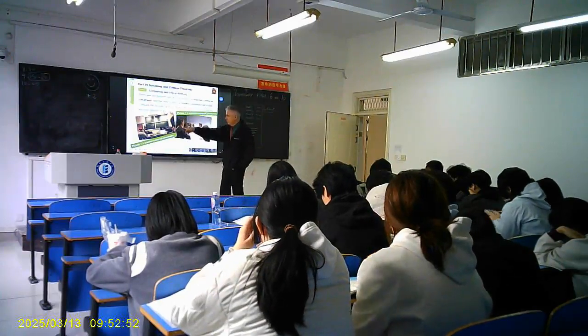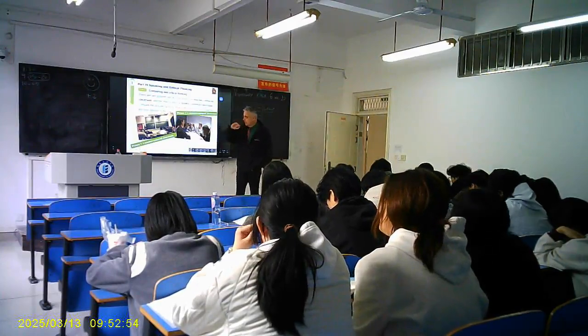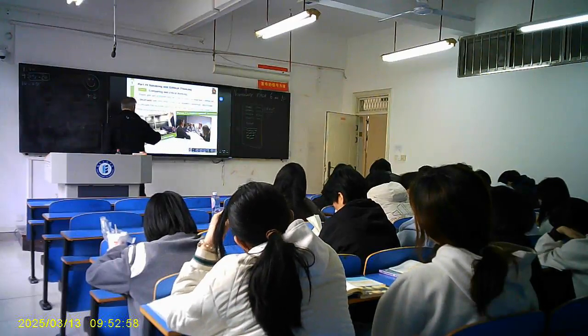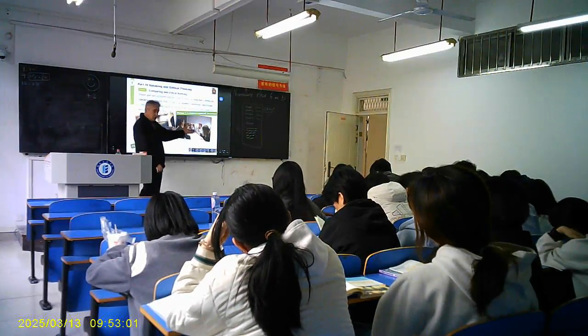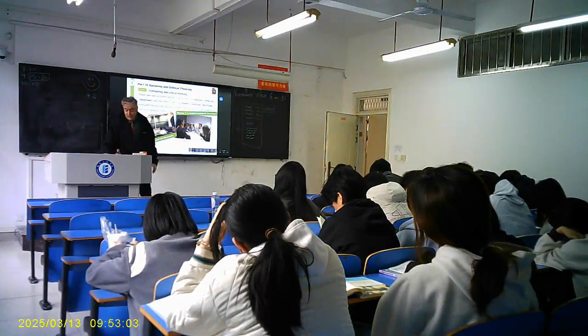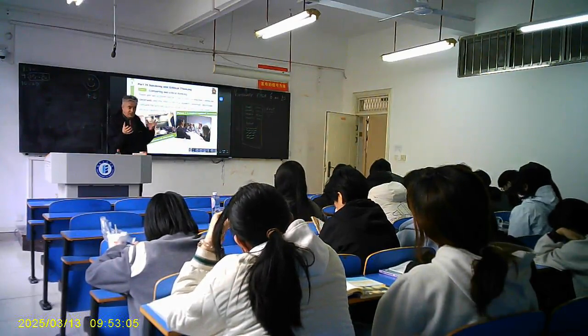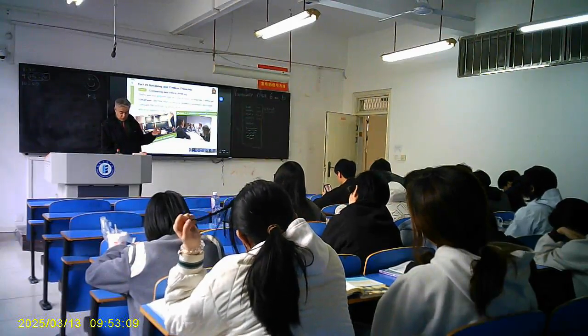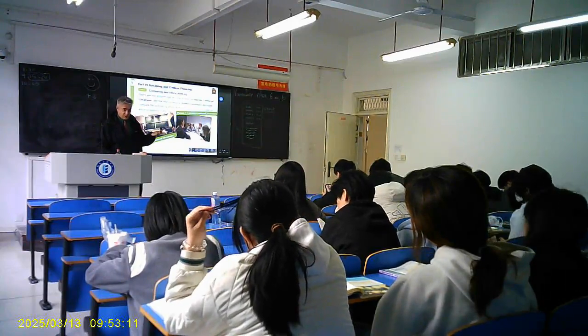Okay, you have 2 pictures, right? Picture 1 is a teacher-centered classroom. Picture 2 is a student-centered classroom, right? So can you tell me the difference between those 2 pictures? You have to look at those 2 pictures and see the difference between them.